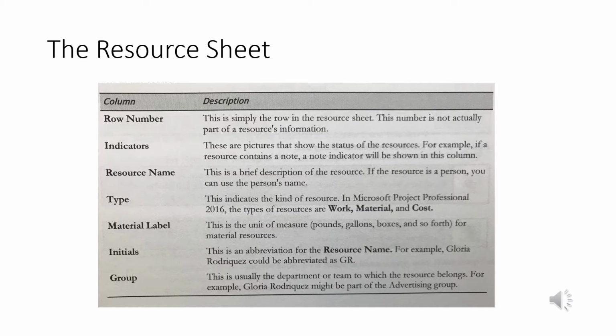Label, where you can put in units of measure, like pounds, gallons, feet, whatever it needs to be. If you need an initial, you can put in the resource name's initials. In our example, Gloria Rodriguez, you can put in GR. And if she's got a specific group that she works in, we can put that in there too, under the group. But these are the first 7 columns of the resource sheet.